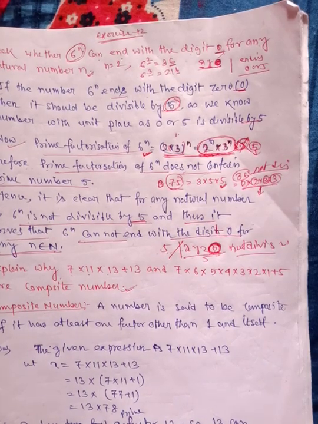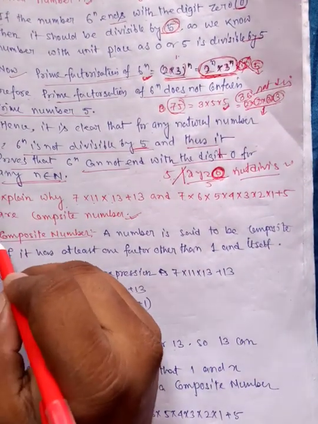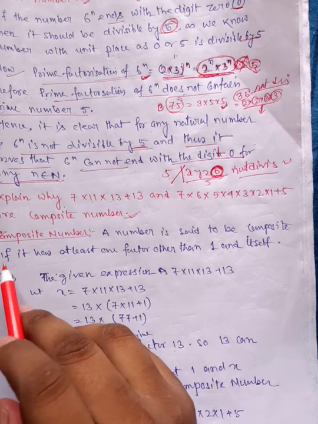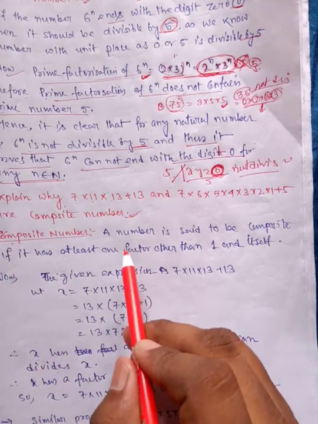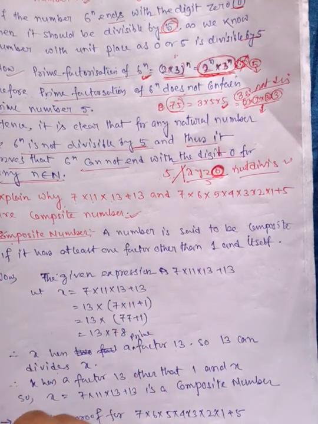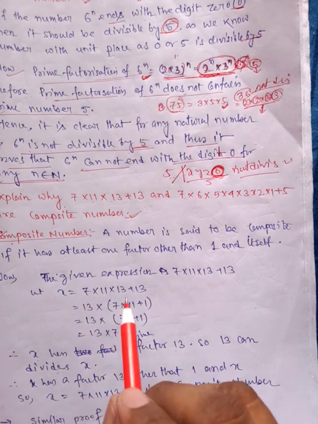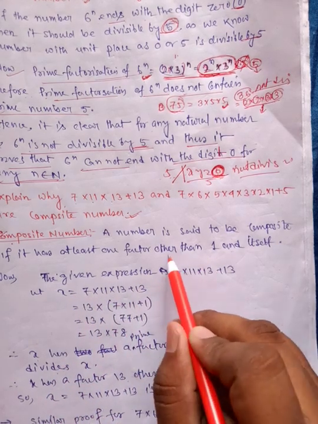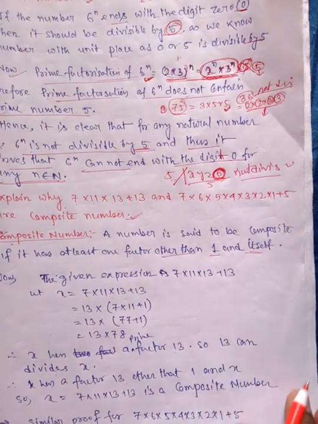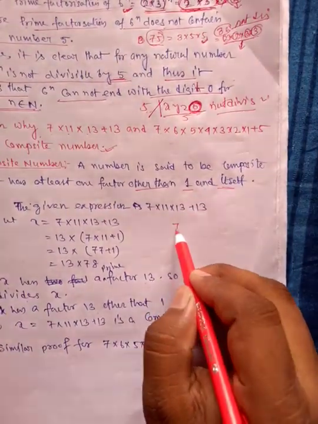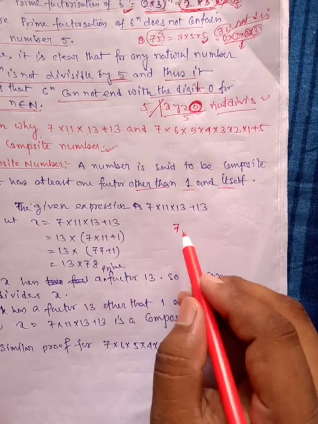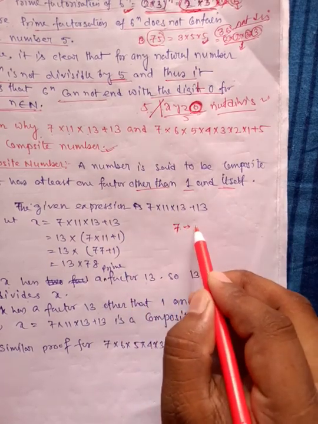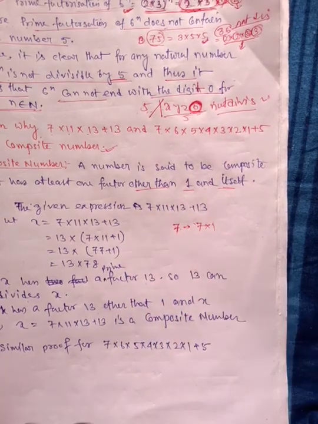So before solving, you have to know which numbers are composite. Which number is said to be composite? A number is said to be composite if it has at least one factor other than 1 and itself. If you take any number, suppose 7, you can write 7 into 1.